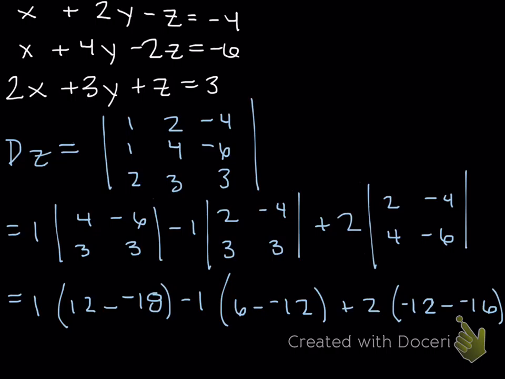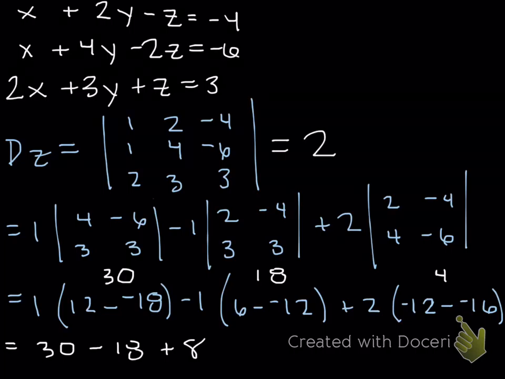So again in white, this will become 30, this will become 18, and this will become +4. So I have 30 minus 18 plus 8, which is equal to a +20.